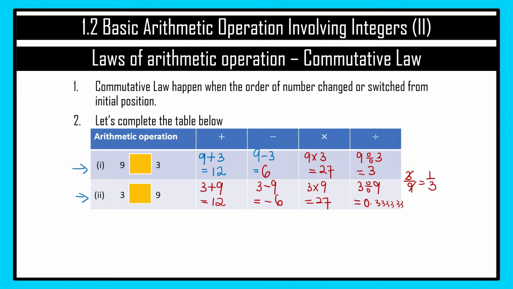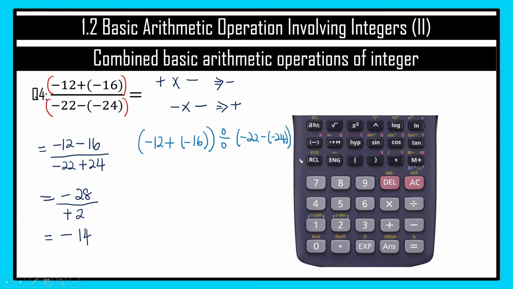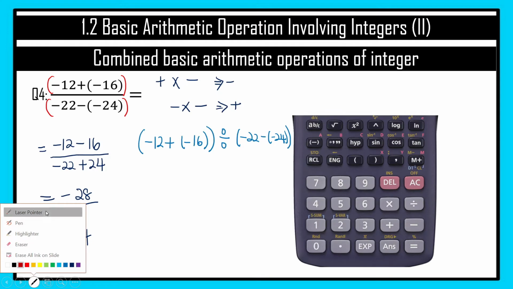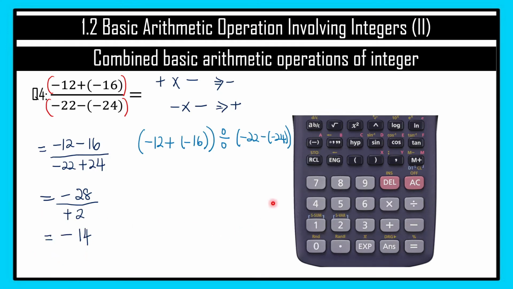Now if you are someone who is weak with mathematics, the other way is to use your calculator. I'm sure your teacher will be happy that you can do the calculation. So how do we use that? After you do 3 divided by 9, the screen on your calculator will show 0.3333. In order to switch to fraction, can you see this button?